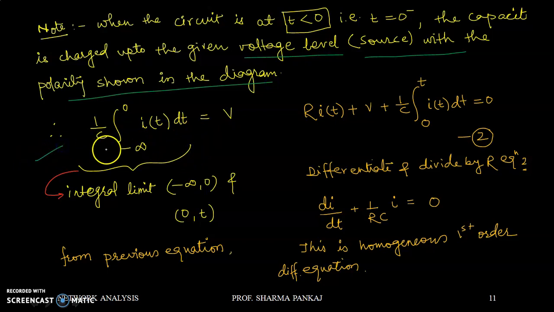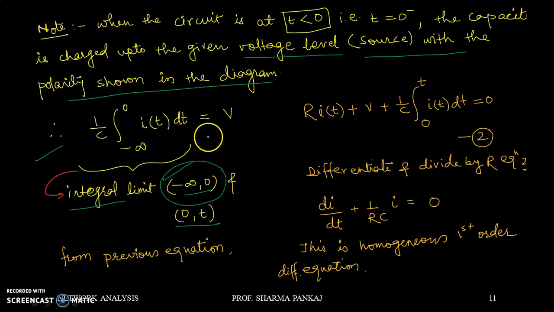So 1 by C integral minus infinity to 0. See this, for the integral limit we have divided two time periods, that is from minus infinity to 0 and from 0 to t. For this time period we know that 1 by C integral minus infinity to 0 i(t) dt is equal to V. Why?